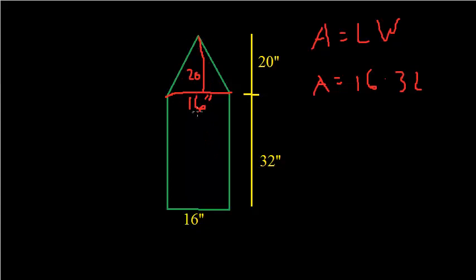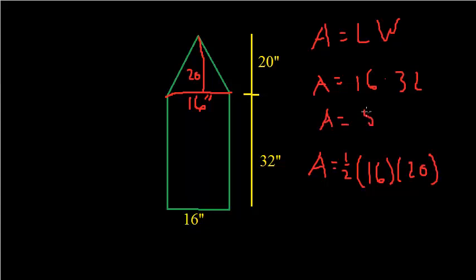So we have now our triangle with a height of 20 and a base of 16. So the area of that triangle is 1/2 the base of 16 times our height of 20. So the area of the rectangular part is 512 inches squared. The area of our triangle then is 1/2 times 16 times 20, or 160 inches squared.